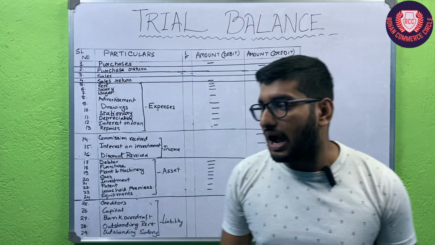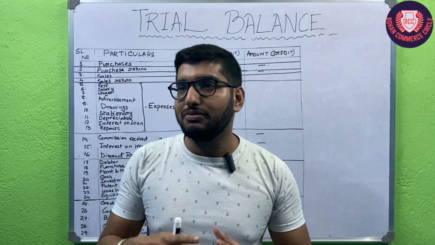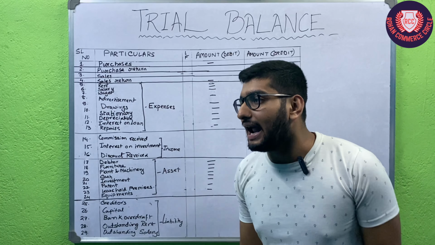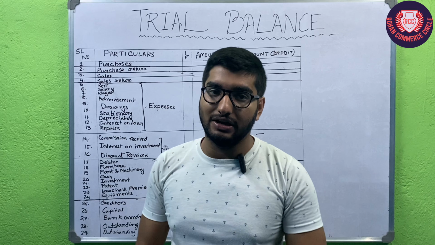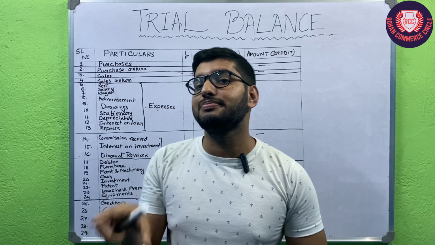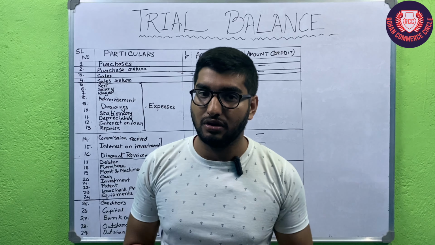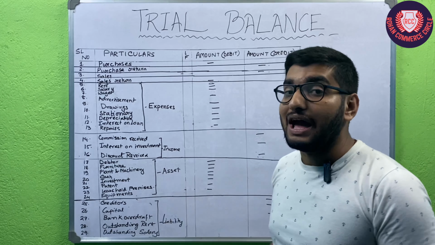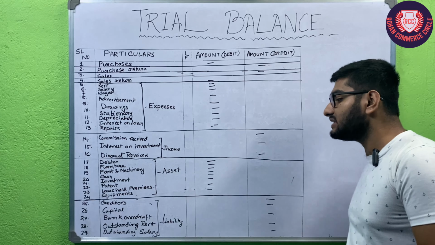Suppose you have rupees 1000 in your bank, okay, and you are taking out rupees 1500 from the bank. So this 500 rupees will be overdraft. That means the bank is giving you a loan. So that is what bank overdraft is. So that is a liability for us. We have to pay that bank overdraft, right?